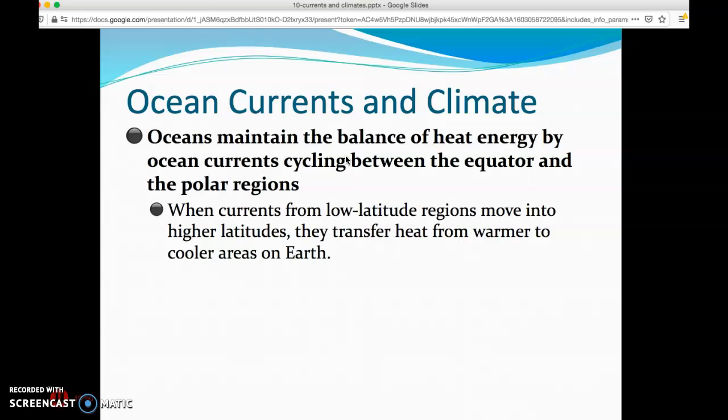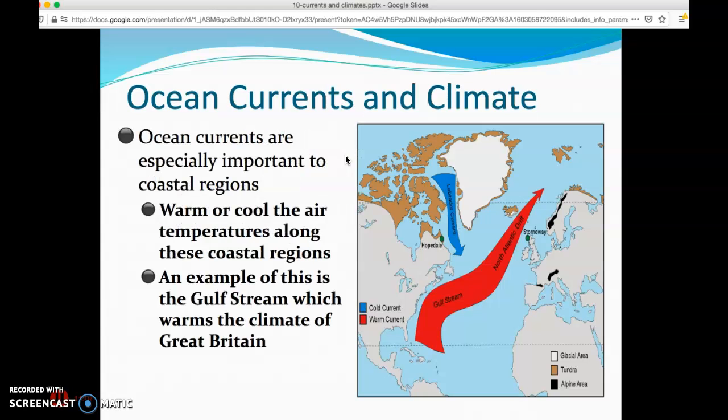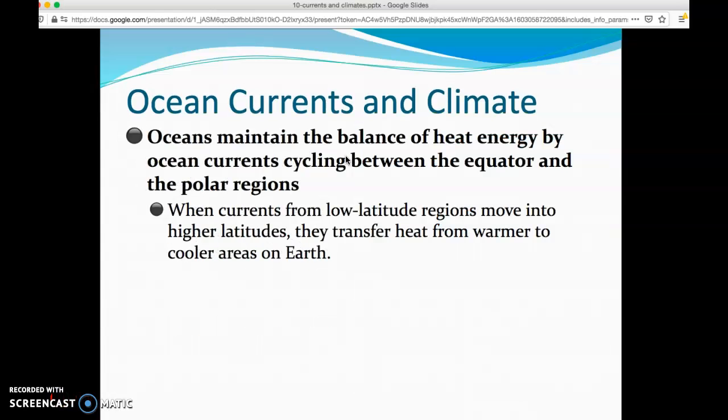Ocean currents and climate. Oceans maintain the balance of heat and energy by ocean currents cycling between the equator and the pole regions. That same gyre effect that we see, there are bigger ones too. We call them the global conveyor belt, which we're going to look at in just a second. It actually changes the climates that it is around.